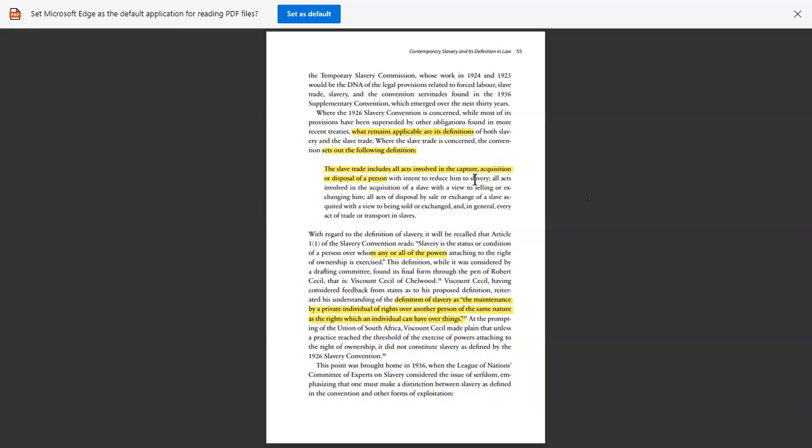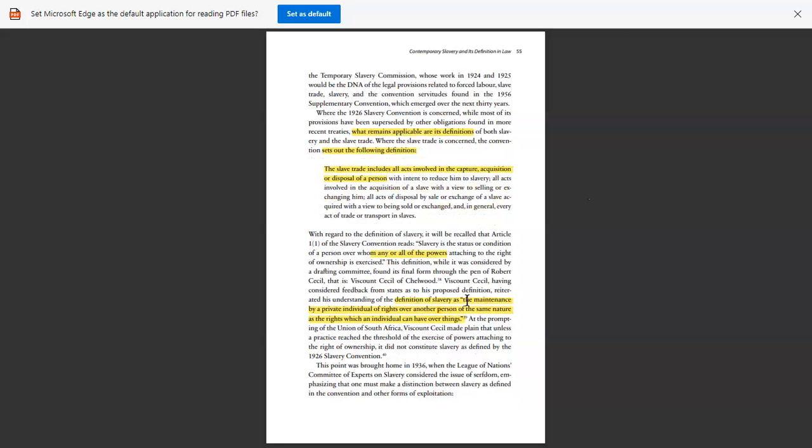So you can't use that term by their own definition within this doctrine. So you can drop that portion and say it has to do with the acts involved in the capture, acquisition, or disposal of a person. So these things are certainly happening today. And again, here they say any or all of the powers.